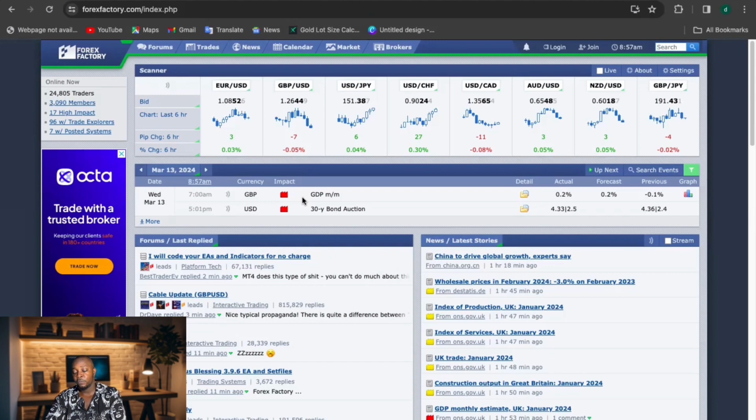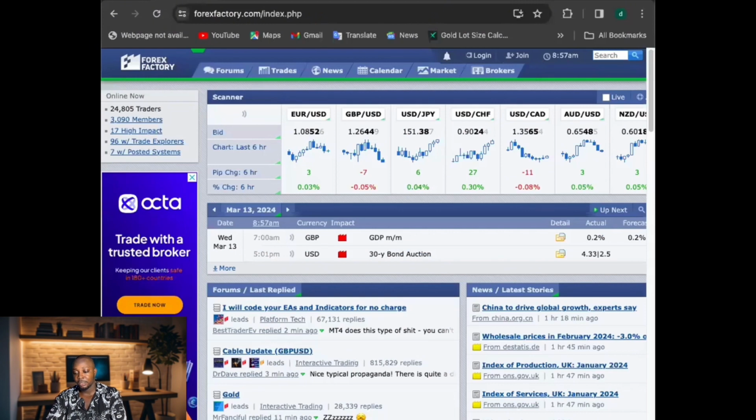We don't trade off of fundamentals, but it's important to know, because when there's a fundamental event going on, there's usually a lot of volatility in the market. So for example, now we can see that there's news here on GBP and the USD, and the folders are red, which indicates to us that there's going to be high impact news. So you can expect volatility on these pairs.